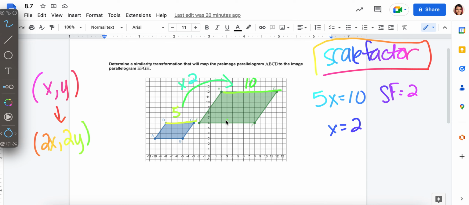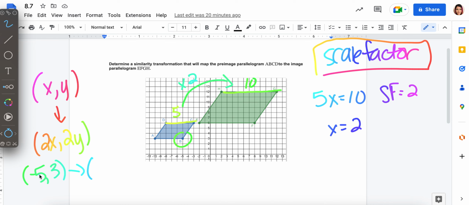So let's pick a point. I'm just going to pick the point B, and we're going to apply that scale factor. That point for B is, let's see, I'm looking at the coordinate point -5, 3. Okay, so -5, 3. So we're going to apply that scale factor, multiply the x value by 2 and the y value by 2.